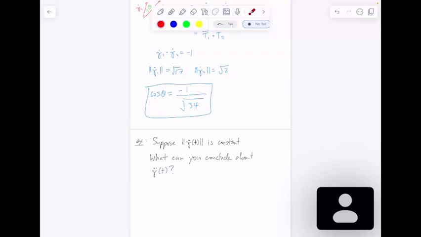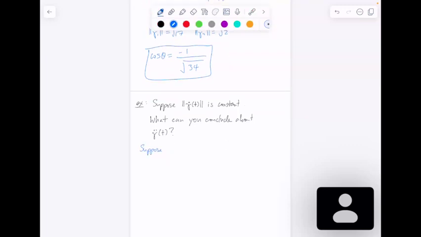But now let's look at this scenario in our setup here. To make things easier, we have the fact that the speed is constant. This implies that the speed squared is also constant. What I did here seems pretty useless for now, but if you square a constant, it's still constant.